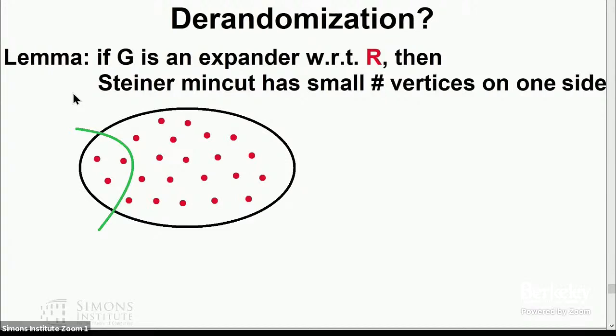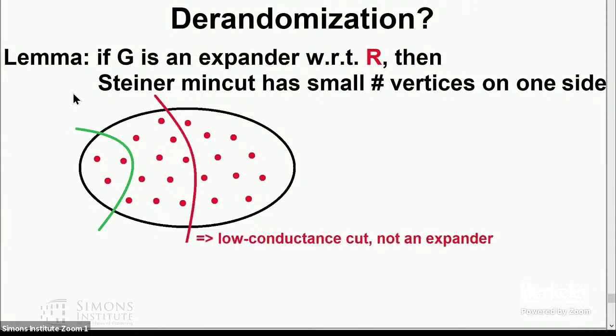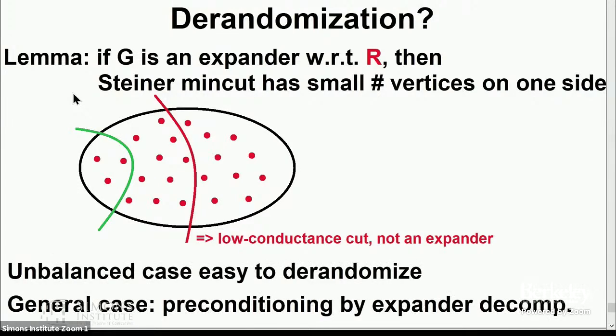If G is some sort of expander, then the Steiner min cut is guaranteed to have a small number of vertices on one side. And the intuition is basically that if the side wasn't small, then it automatically becomes a low conductance cut, and it cannot be an expander, a contradiction. That's the intuitive claim.